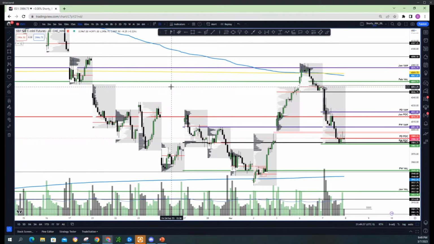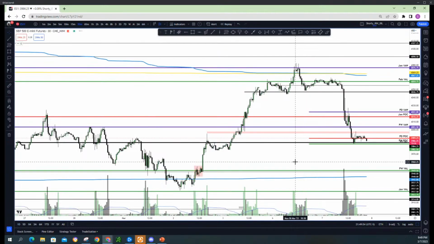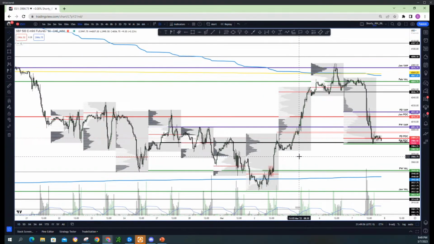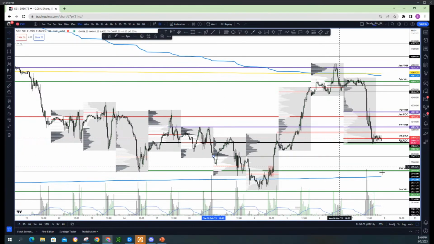Shorty, tomorrow, just to reiterate for a second, at the break of the prior day value area low, whether we get a retest or not, it's very doable to go to the 2022 POC because there's hardly any volume there, right? That's correct, and I would just be cautious of this 3967 level.